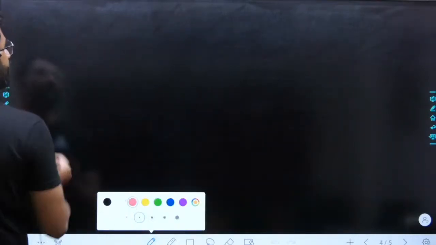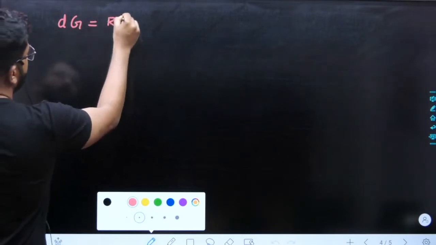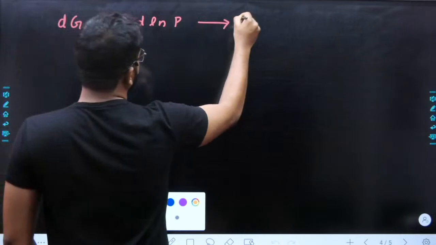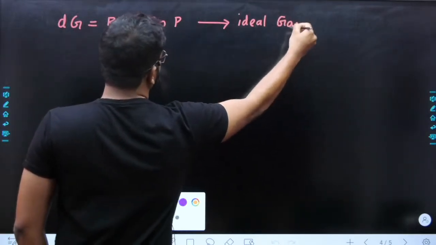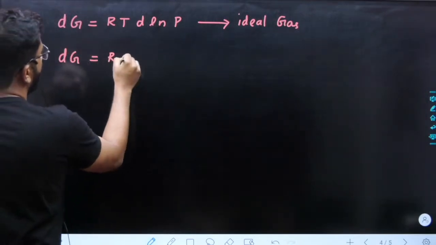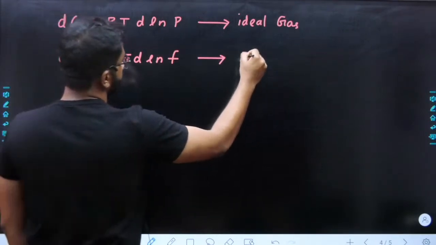Fugacity chapter में क्या क्या important है आपके लिए? dG is equal to RT d ln P for ideal gases. If it is a real gas, we can write dG is equal to RT d ln f for real gases.